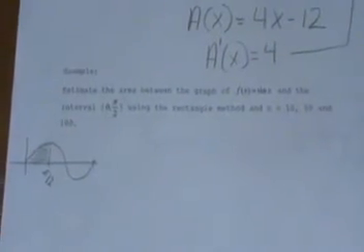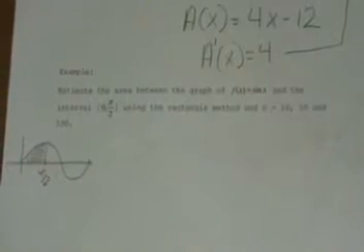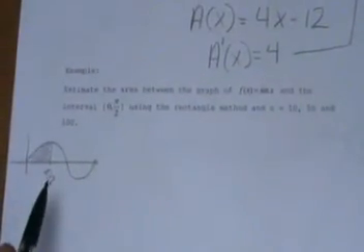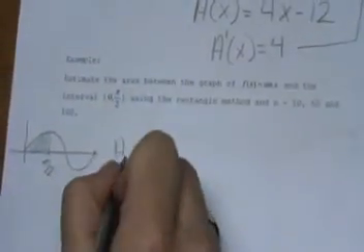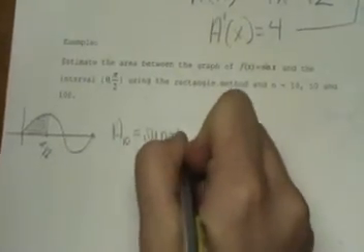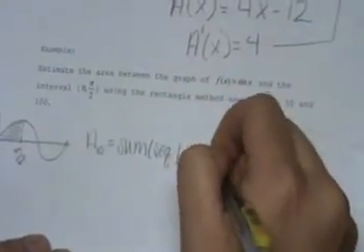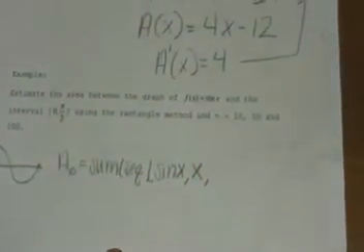Our last and final example is estimating the area between the graph of sine of x and the interval of 0 to pi over 2. We can use the sum sequence method when using the rectangle method. When n equals 10, or the number of rectangles underneath the curve is 10, you write sum sequence times the function, or sine of x, comma the variable, x.